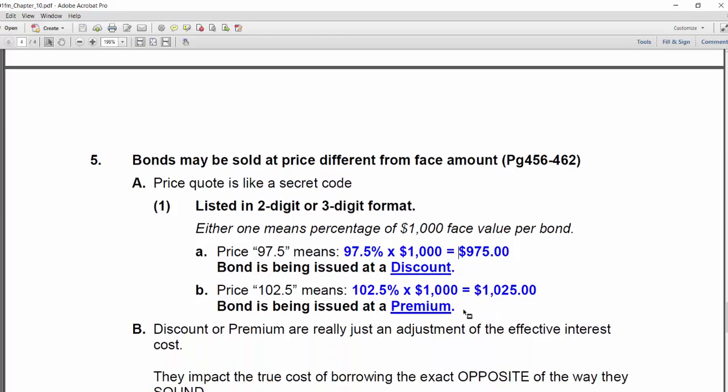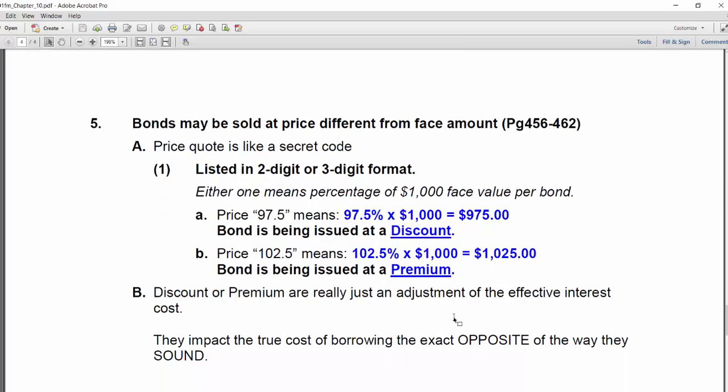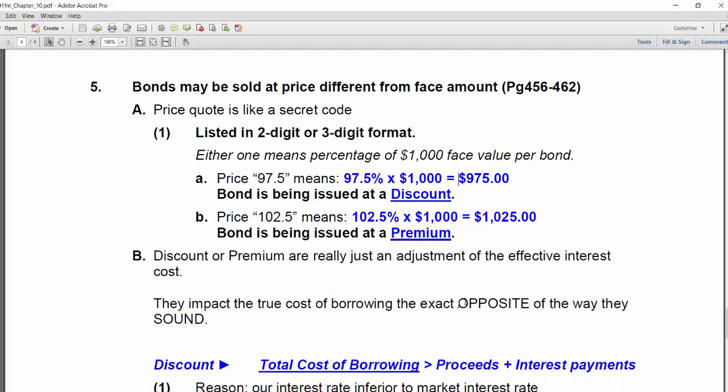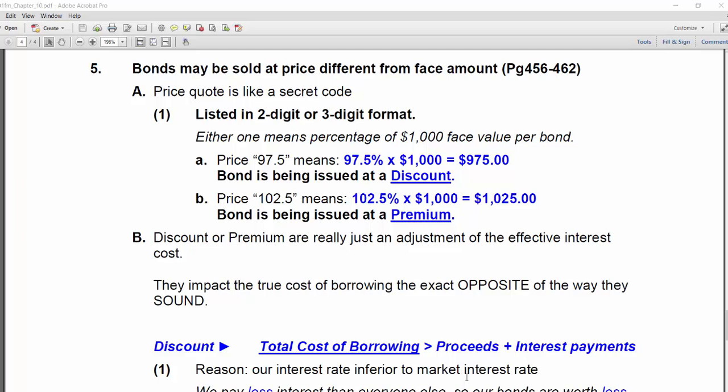And all these things are doing is trying to adjust for the actual interest cost on the bonds, because the cost of interest is actually the opposite of what happens to the bond prices. So you'll see that when a bond sells at a discount, that's because the total cost of borrowing for us is going to be more than how much we got and the interest payments.